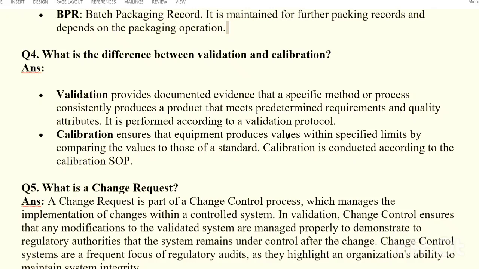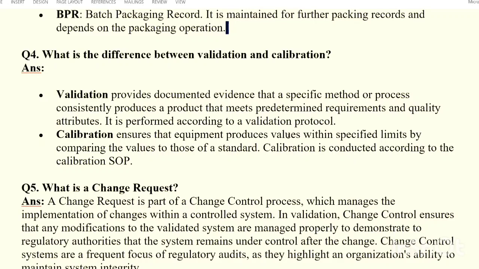It is performed according to a validation protocol. So validation is nothing but documented evidence to show a process consistently meets the predetermined requirements and quality attributes. So what is calibration? Calibration ensures that the equipment produces values within the limits by comparing the values to those of a standard. Calibration is conducted according to a calibration SOP.